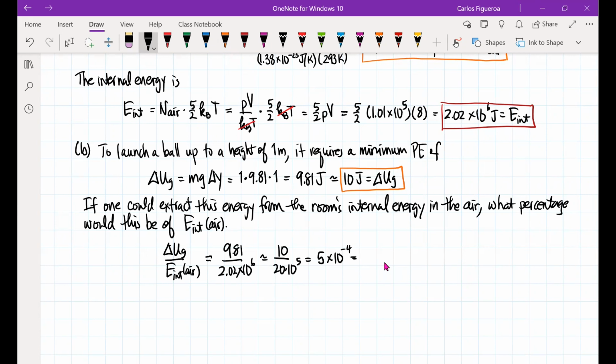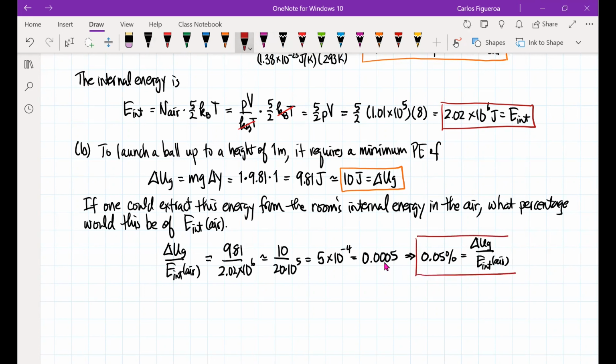So, if we write this number out, it is a tiny percentage. In other words, if I multiply this by 100, let me make sure I got this right, this would then be 0.05%, which would be the percentage of energy that you would have to take from the air in the room.